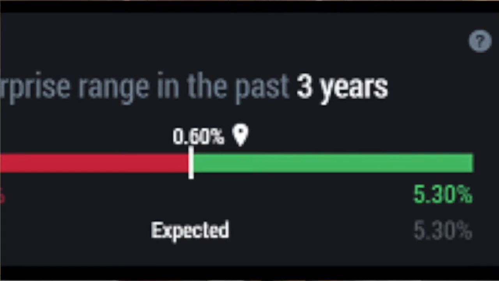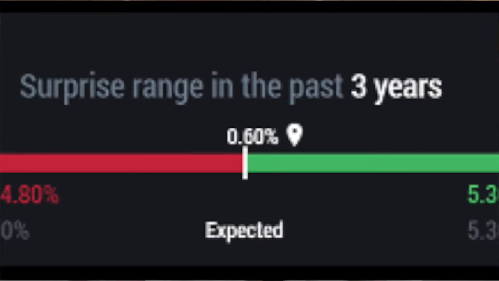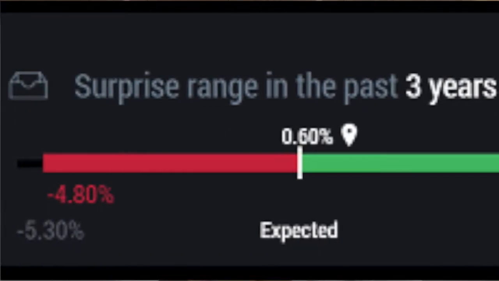There's also a surprise range, which is how much it has deviated from the analysts' expected value. This has gone from anywhere from negative 4% to positive 5%, which means this is quite a big shift. You can see how sporadic the market has been due to this. You can also see how much impact this has on future events.